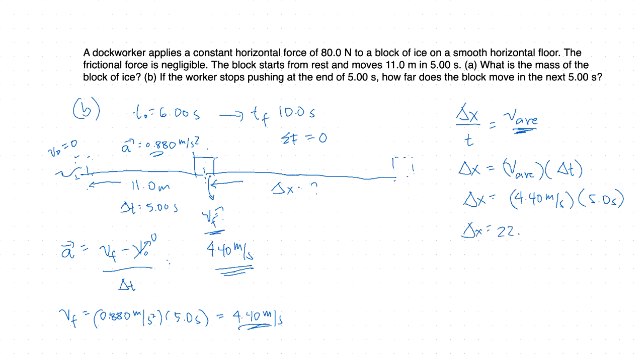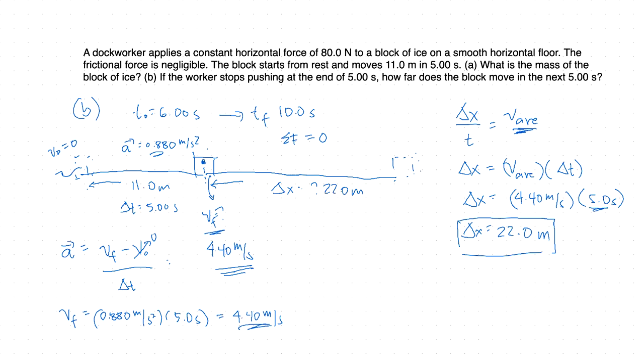So itong 22 meters na to, dito yung initial point na. So from this point, mapunta dito at 22 meters, nag-displace siya for 5 seconds. Okay? So hindi mo ita-times 2 lang yung 11 meters dito. You need to find the displacement using the velocity.